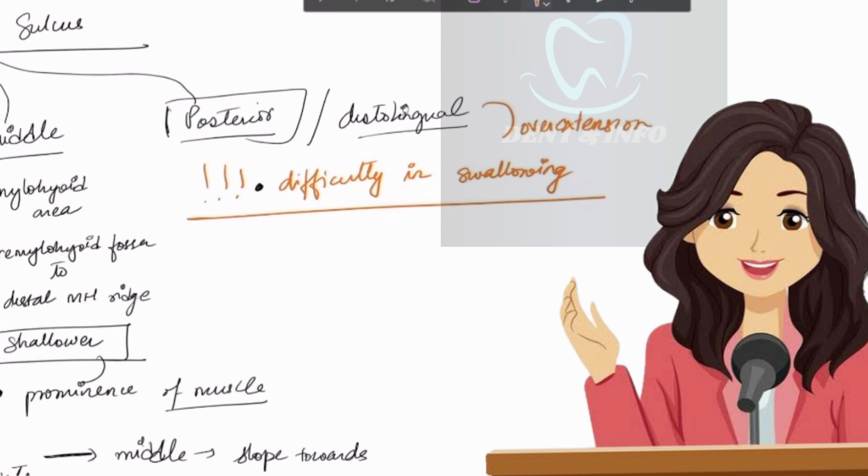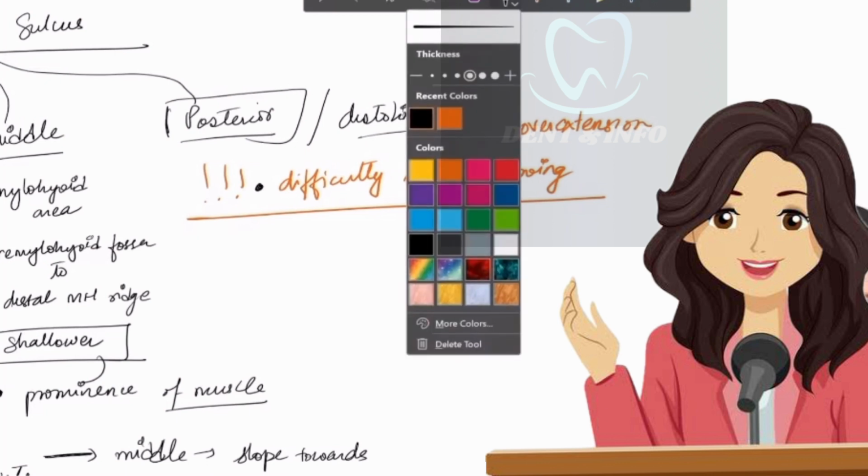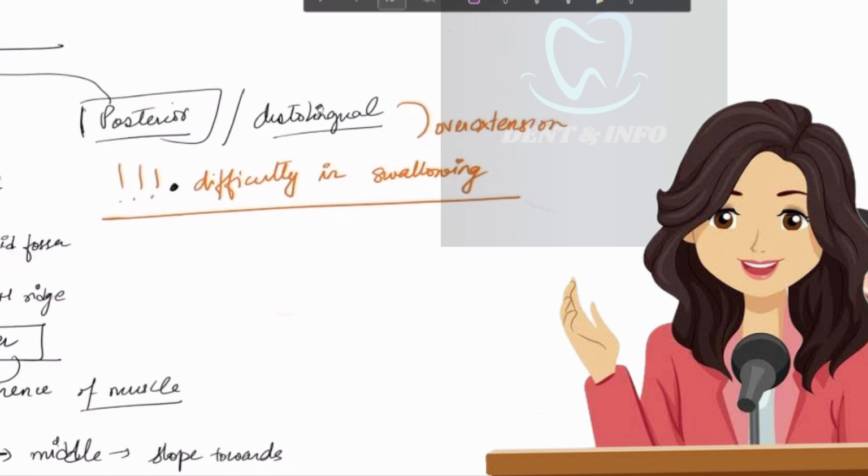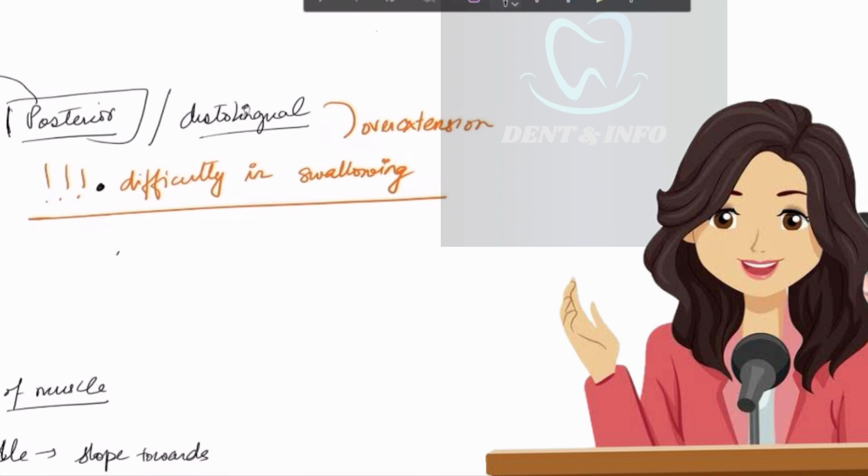So why does this happen? Let's understand the anatomy here first, right? Anatomically, this is the retromylohyoid region. Why retromylohyoid? Because it is located behind the mylohyoid ridge. From here, the flange of the denture will pass into the retromylohyoid fossa region.